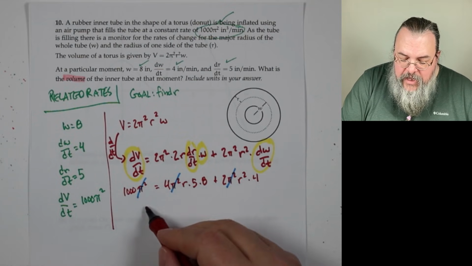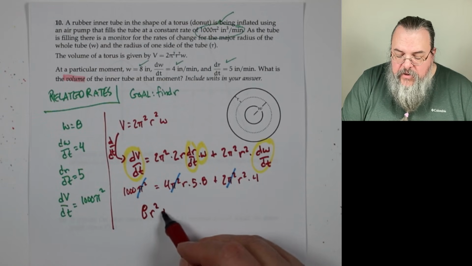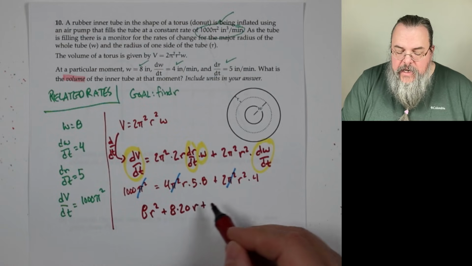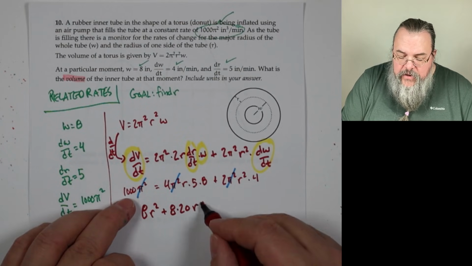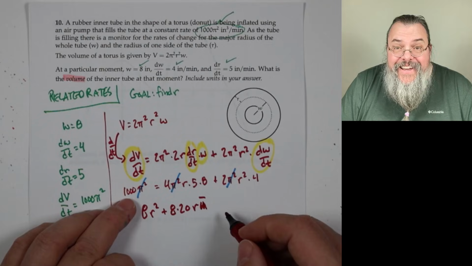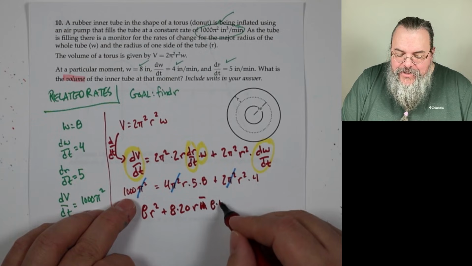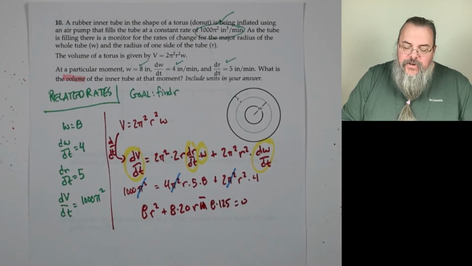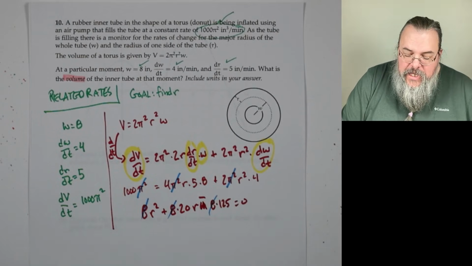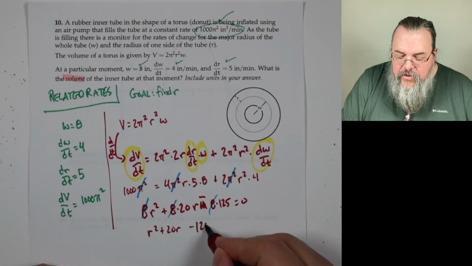We have 2 times 4 is 8r squared, plus 8 times 20r. And the 1,000, we'll move that across. It'll become a minus. Is 1,000 divisible by 8? Yes, it is. It's 8 times 125. And so we can get rid of all these 8s. So we get r squared plus 20r minus 125 equals 0.